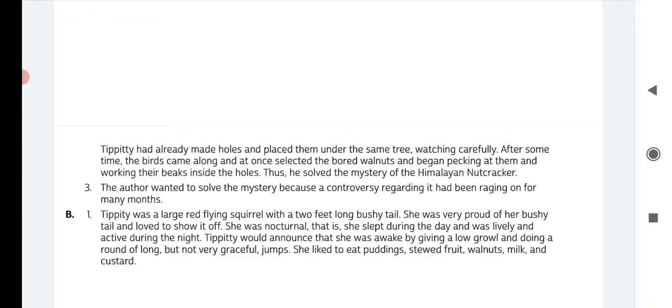Watching carefully, after some time, the birds came along and at once selected the holed walnuts and began pecking at them and working their beaks inside the holes. So the birds were giving the signs, but actually the credit should go to the squirrels. Thus he solved the mystery of the Himalayan nutcracker. The credit should not go to the Himalayan nutcracker, it had to go to the squirrels.